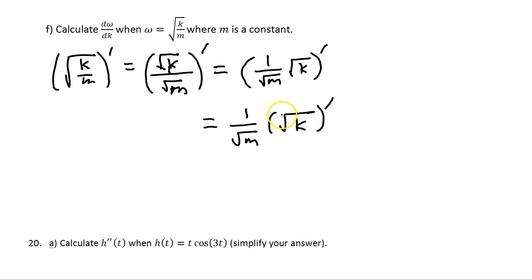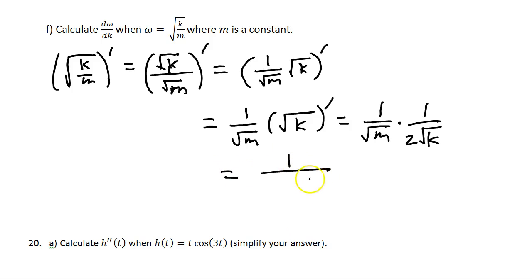If you know how to differentiate square root of x, it's almost the same thing. We differentiate square root of x as 1 over 2 square root of x. So instead of x, we have k, and therefore what you have is 1 over 2 times square root of mk.